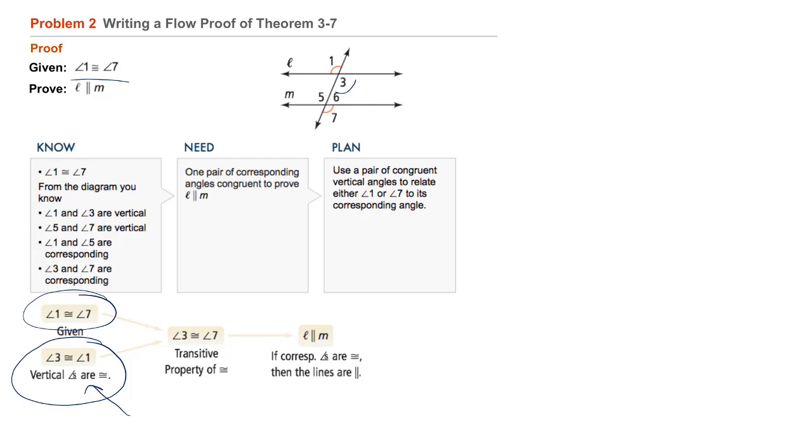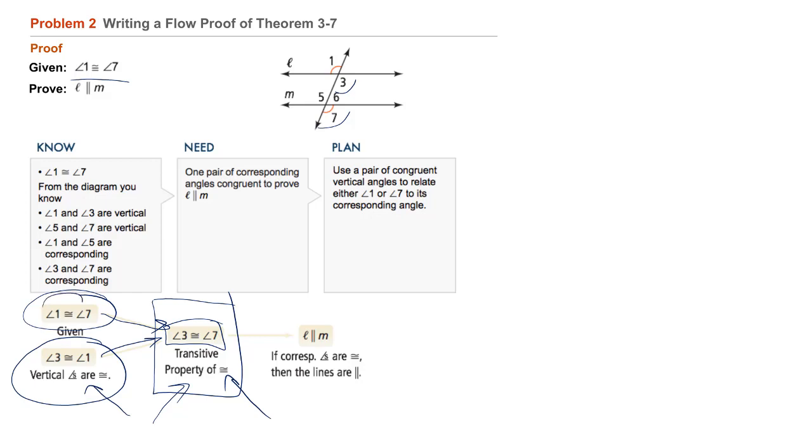That's another thing I kind of skimmed over, is that notice each of these has a statement in a box, and then the reason or the justification written right below it. So our given information and what we've shown here using vertical angles both contribute to or allow us to make the statement that angles 3 and 7 are congruent, by the transitive property of congruence.